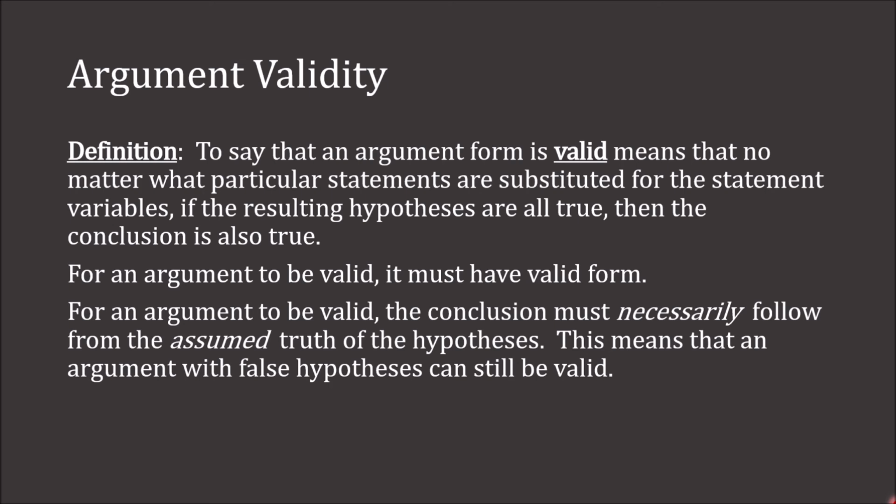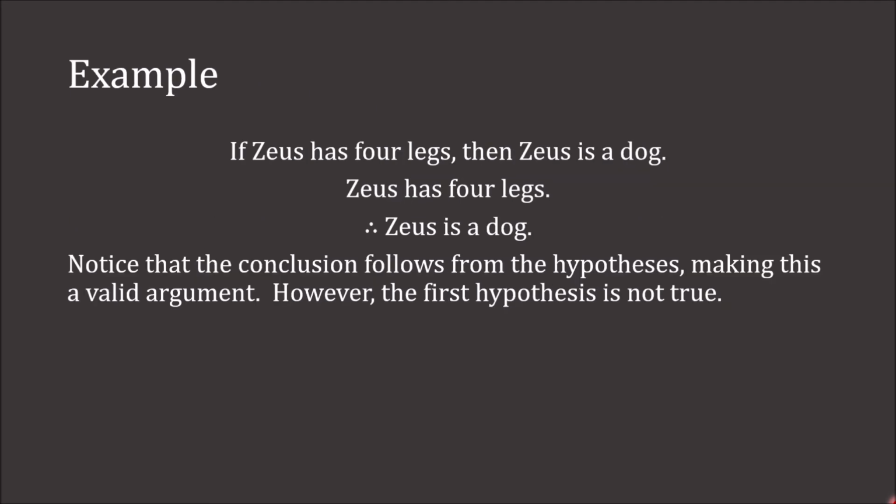So in order for an argument to be valid, the conclusion must necessarily follow from the assumed truth of the hypotheses. Notice that this means that an argument with false hypotheses can still be valid. As an example: if Zeus has 4 legs, then Zeus is a dog.